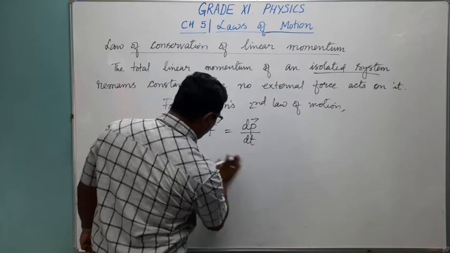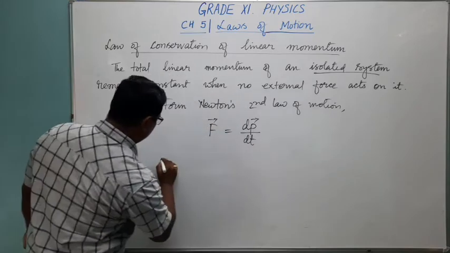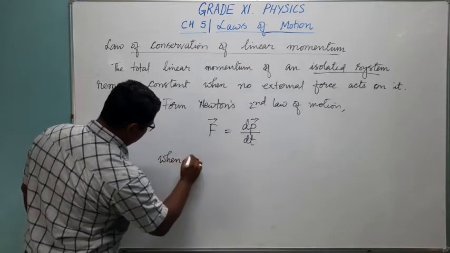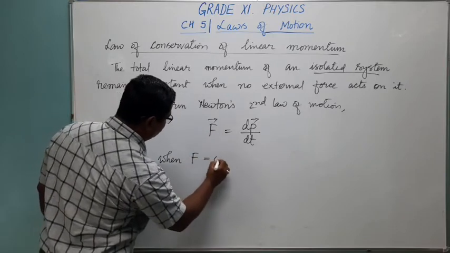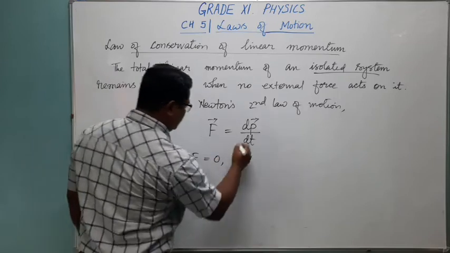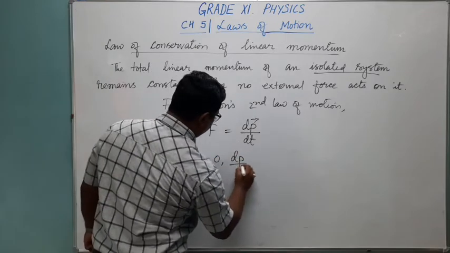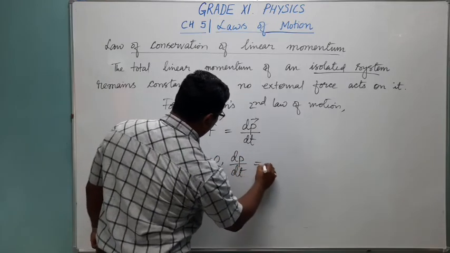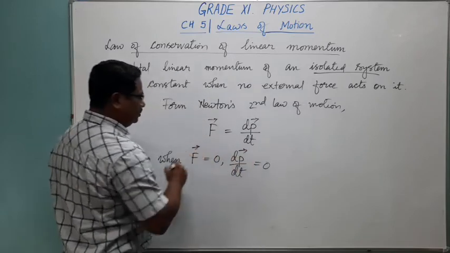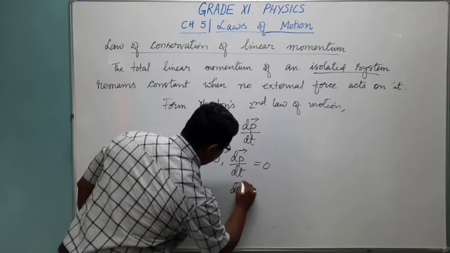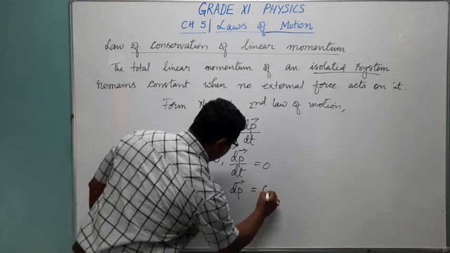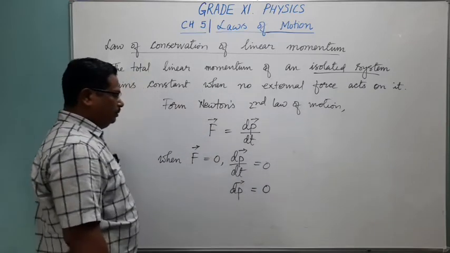When no external force acts on the system, if the external force that you are applying is 0, then this dp/dt also will be 0. You can keep vectors also, no problem. So this will give you dp is equal to dt into 0, which comes out to be 0.